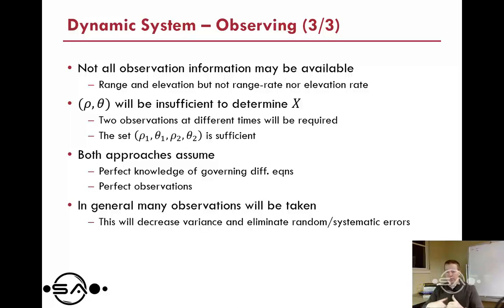This is leading up to classical orbit determination, where the number of variables from those observations maps directly to the state variables, four to four. In modern or general orbit determination, we take multiple observations, more than necessary, and normally use a least squares criterion or some fitting method to reduce the random and systematic errors that arise from our observations.